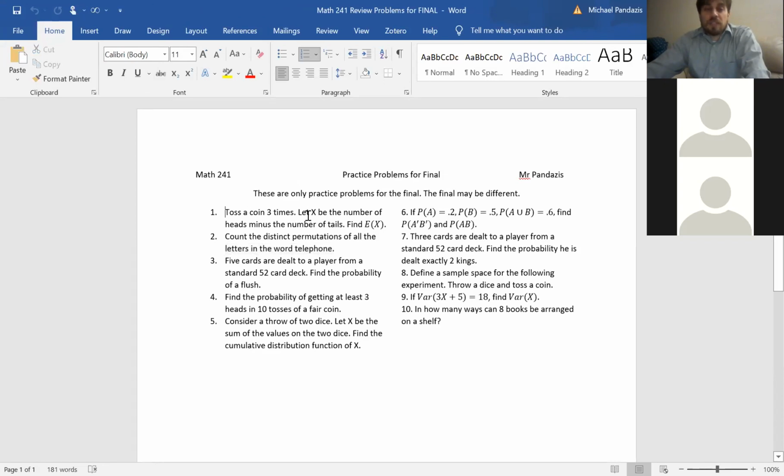Okay, so number 1 is toss a coin 3 times. Let X be the number of heads minus the number of tails.